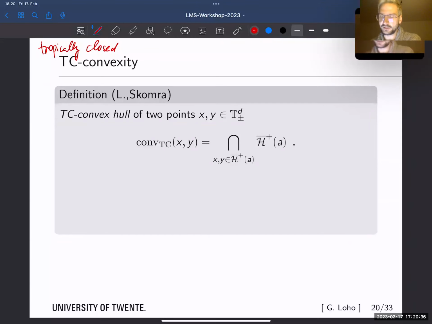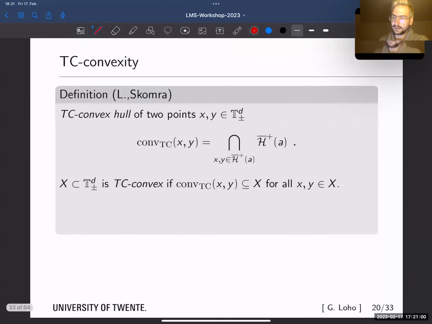That's why we start with the convex hull of 2 points first, which is essentially like a line segment. And now we just want a TC line segment to be the intersection of all closed half spaces which contain the 2 points.